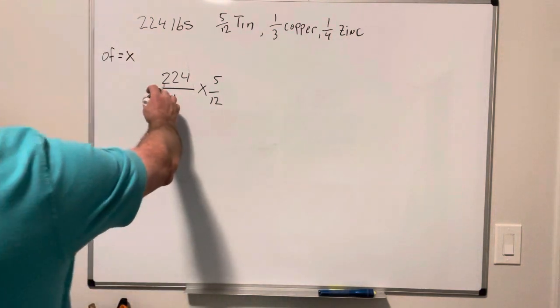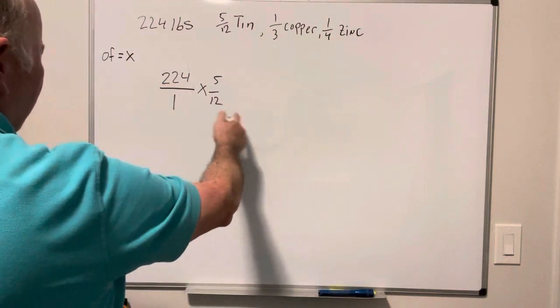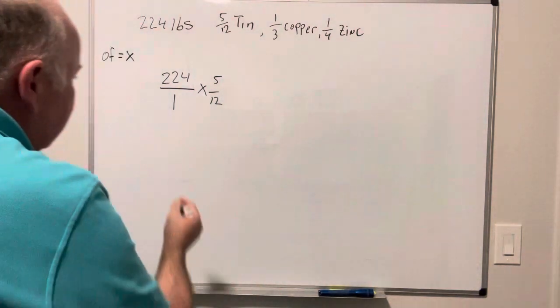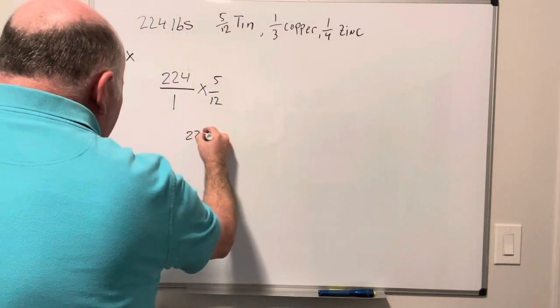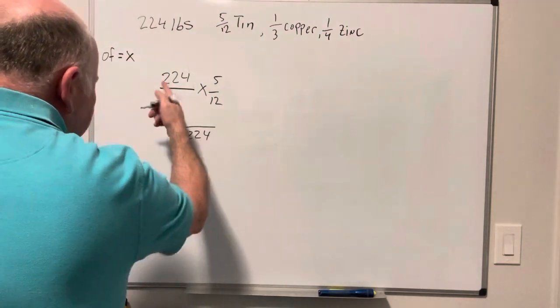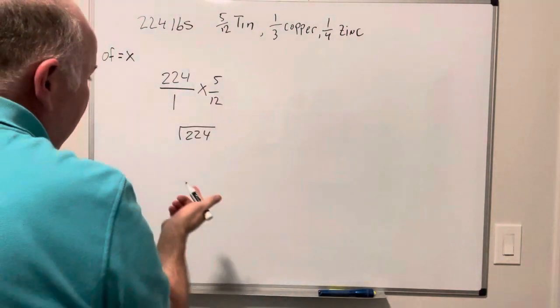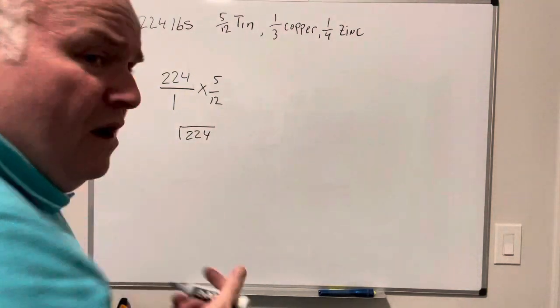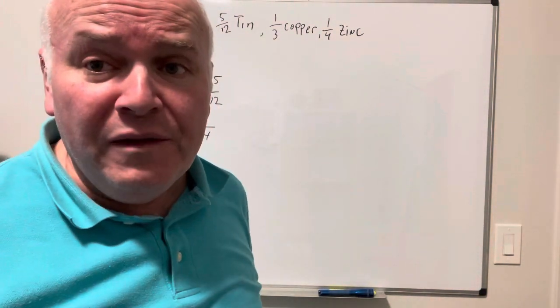Now, I can take this and multiply it straight out and get a big number over here, but maybe 12 goes into 224. But how do I check? Let me check. If it goes in evenly, then I'm just going to do something. Maybe 6 is a better number. I don't know. Let's just see. In fact, I know one thing's for sure. 2 will go into both of them, right?